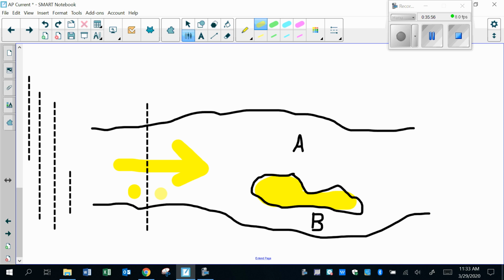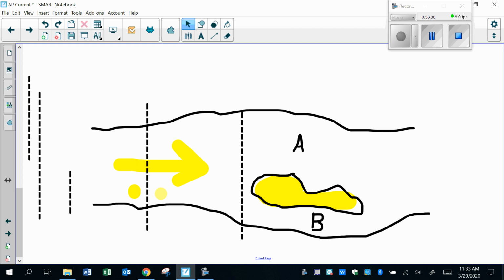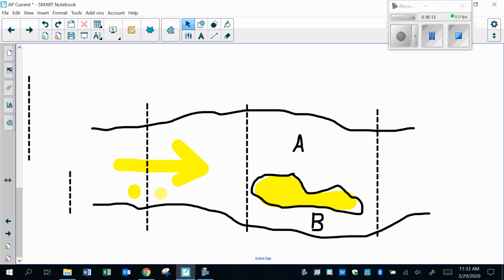Where the junction rule comes in is when you put this line right here. This line is my detector. How many gallons of water go by every second across the entire river? I have a value right there, I'm going to have a value over here, and every single one of these lines should all be the same.